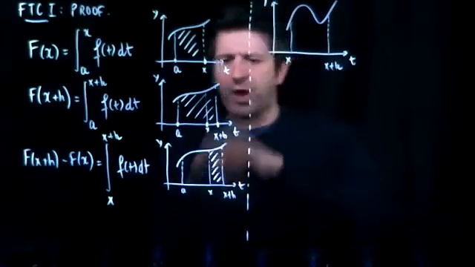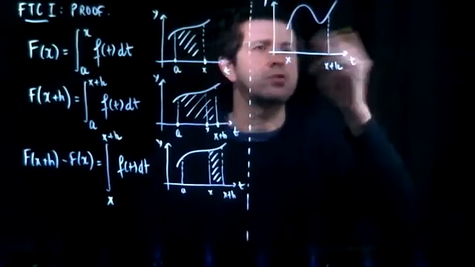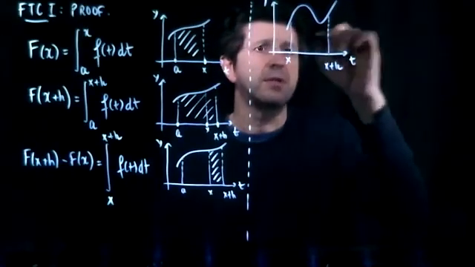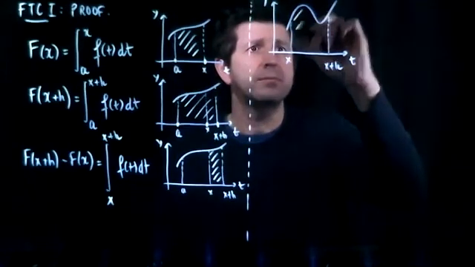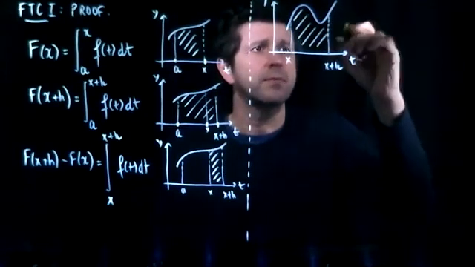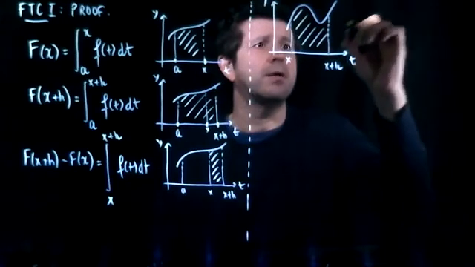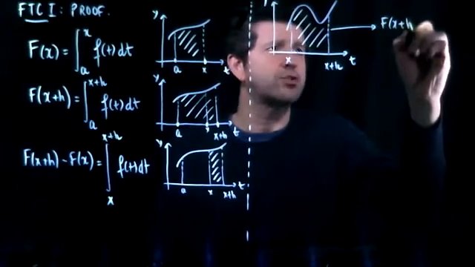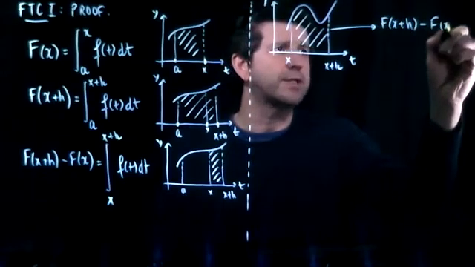I made it a bit curvy just to exaggerate, and you'll see why. So this whole area here is big F of x plus h minus big F of x.